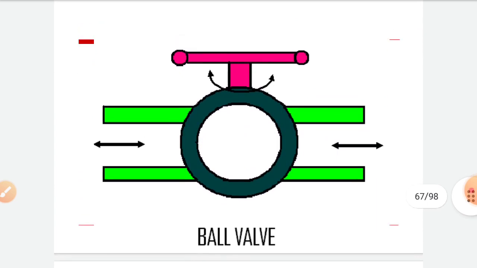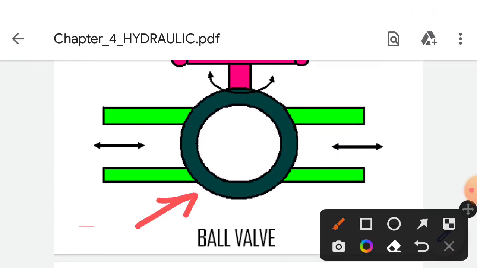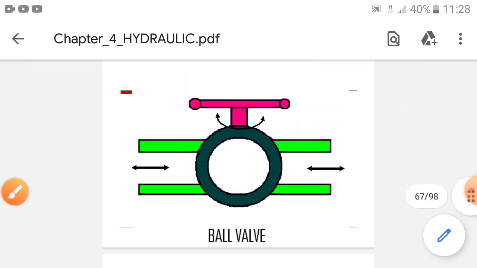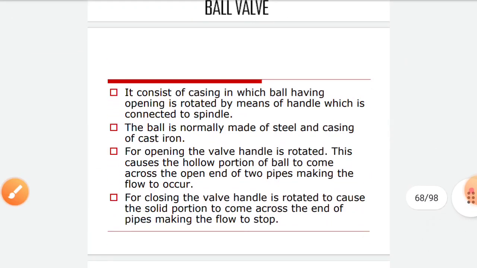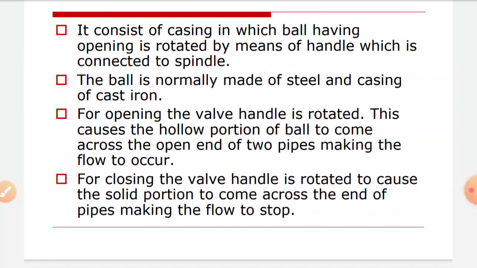So this is the construction of ball valve. It consists of a casing in which a ball having an opening is rotated by means of a handle which is connected to a spindle. The ball is normally made of steel and the casing of cast iron.